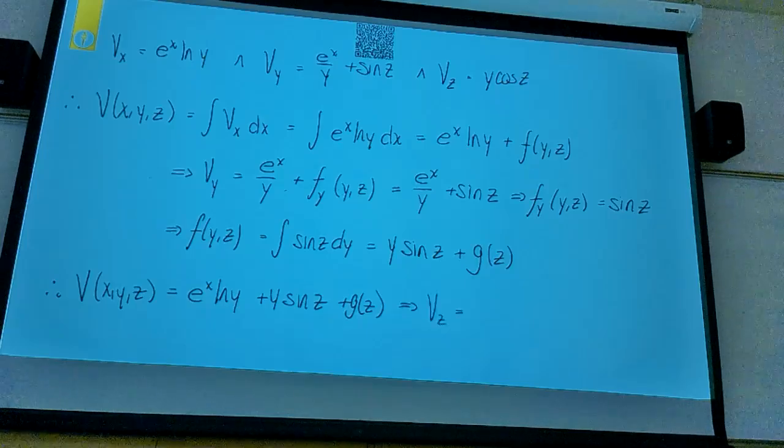Differentiate with respect to z. Y cosine of z plus g prime, right? But that has to equal y cosine of z, right?